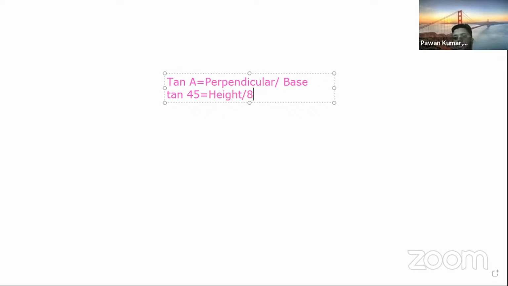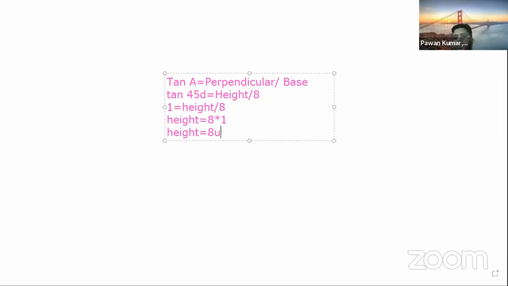So tan 45 by the ratio formula is nothing but 1. The value of tan 45 degrees is 1, which equals height by 8. So 8 will go to the other side and multiply with 1, so this equals 8 into 1, and the height is 8 units.